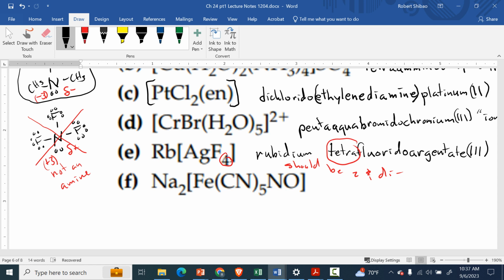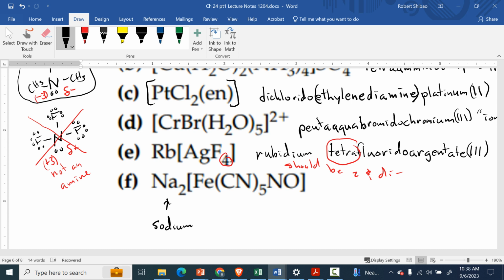All right, let's go to the next one. The cation's easy. Is that disodium or sodium? It's just sodium. Space, and then the anion. Iron, cyanide, or NO. What was the NO called? That's called nitrogen monoxide, but we don't use its normal name, nitrogen monoxide. We call it oxidonitrogen.